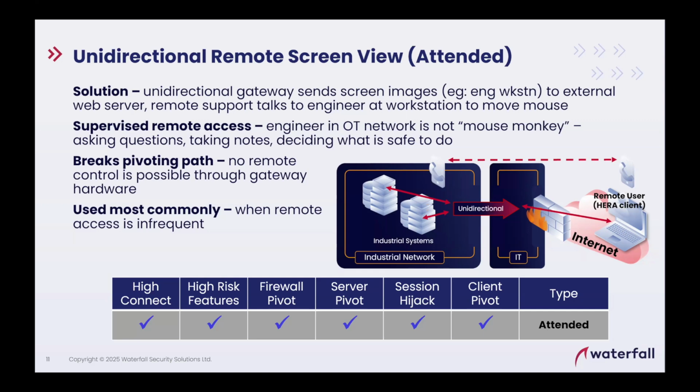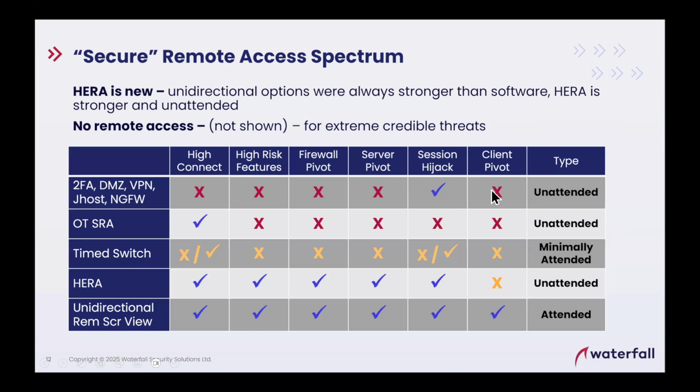They're cooperating. So this is extremely secure and attended. Okay, it's intrinsically attended. There's no way to do unattended remote screen view. It doesn't help. So these are the options. Here's how they compare.